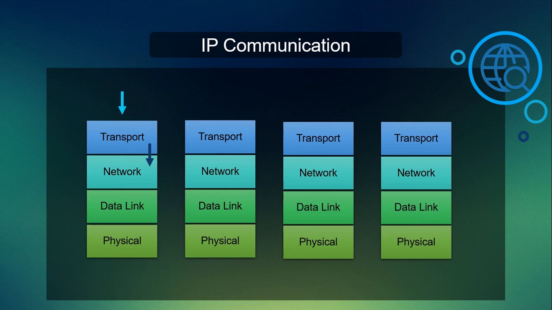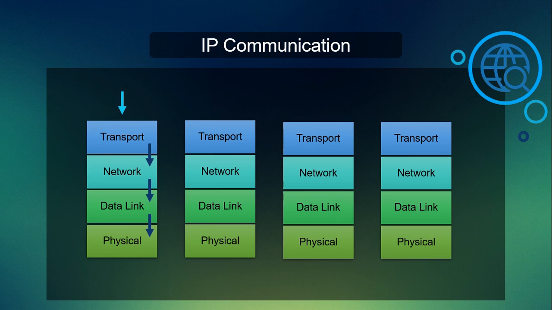Network layer adds IP header to the packet which includes source and destination IP address. After that, packet moves to data link layer. Data link layer adds header which includes MAC address of the next hop.